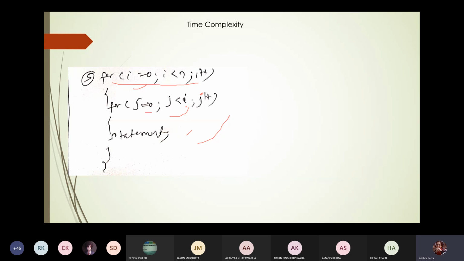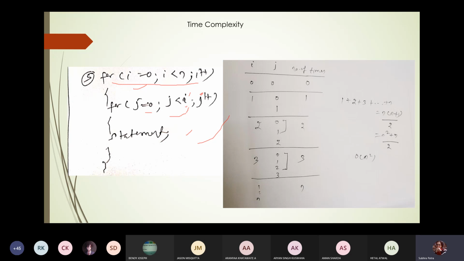This will be executed in a slightly different way, since here j does not go till n. Let's see how many times this statement executes. For i equal to 0, j equal to 0, it won't be executed. If you take i equal to 1, then j less than i holds for j equal to 0, but when j equals 1, it won't be executed because it's not less than i.